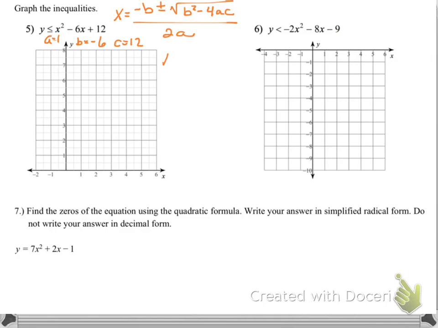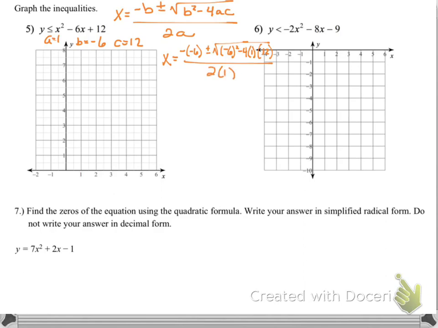I'm going to get in here and see x equals negative 6 plus or minus square root of b squared minus 4ac. And just like Miss Riddle taught me, I'm going to do my discriminant before I do anything else.